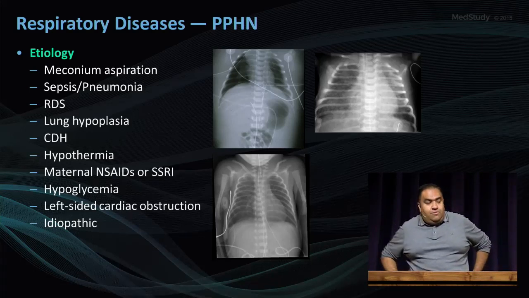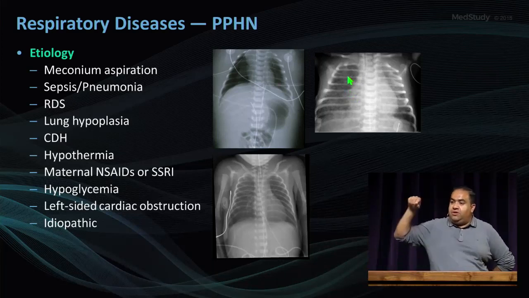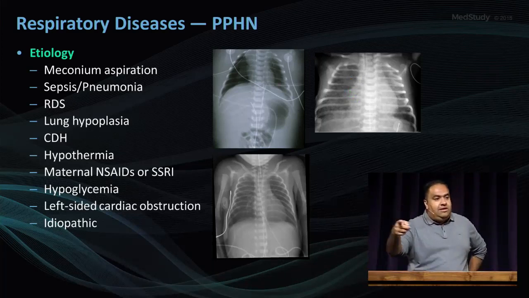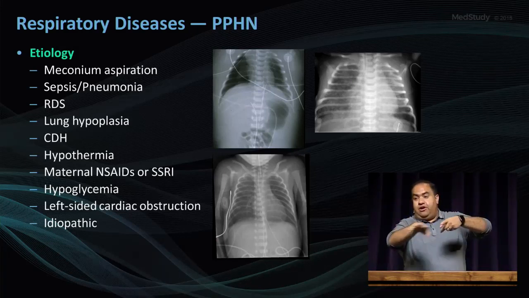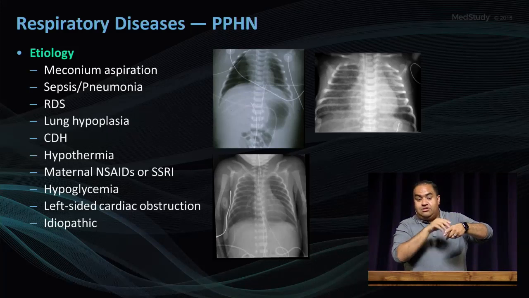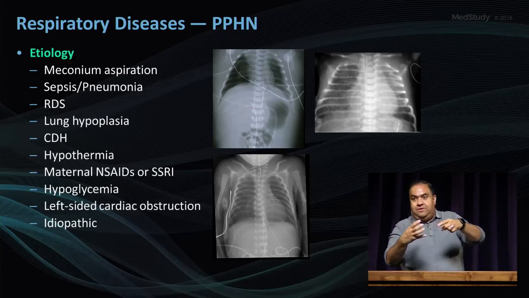Or you may get an etiology where it's meconium aspiration, similar to this one. In meconium aspiration, remember the meconium plug gets into the distal airway, and as it bifurcates and gets plugged up, it works as a one-way valve. Air goes in, but doesn't come back out. So as air goes in, just like with the concept of the large room, the alveoli on this side get really big. The alveoli right next to it are like, where's everybody going?